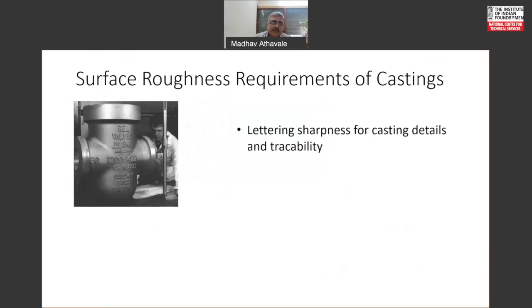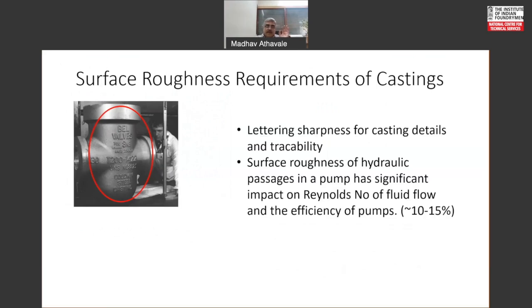Let's take another example. We see a wall and you see very nice clear lettering on that, which is a buyer's requirement because you want traceability for the casting in service. Another example: the surface roughness of hydraulic passages in a pump has a very significant impact on the Reynolds number of the fluid flow and the efficiency of the pumps. The change in efficiency can be as much as 10 to 15%.